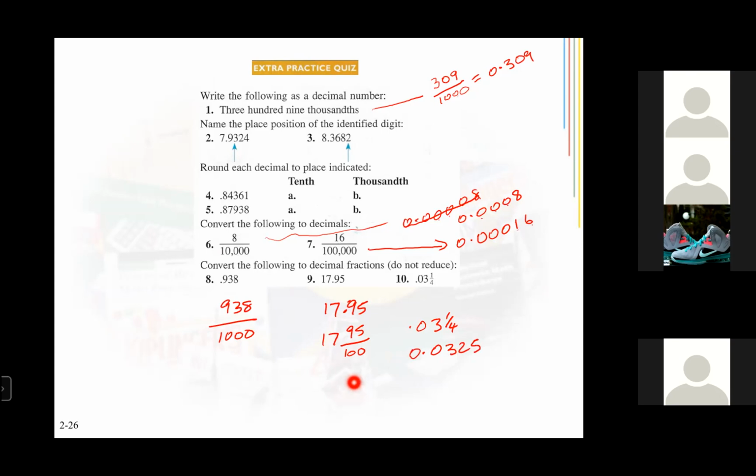Oh, so that's over 10,000. 325 over 10,000. Okay. All right. I didn't see that zero though.